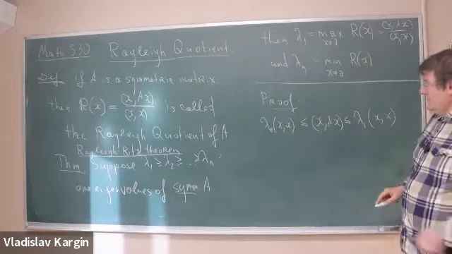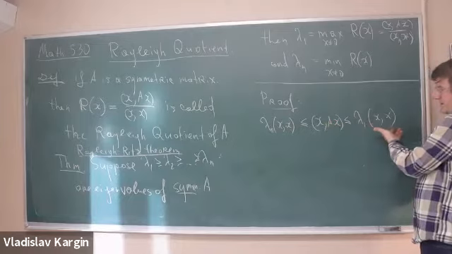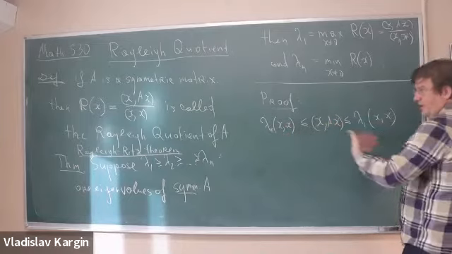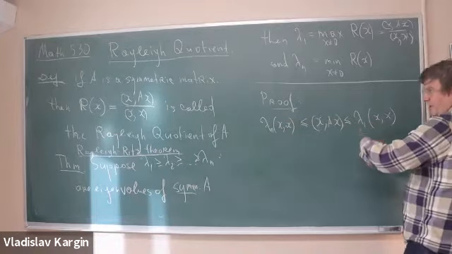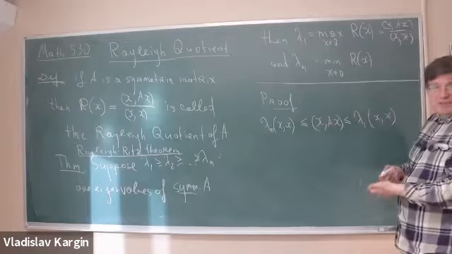So the ratio of x transpose A x to x transpose x is between lambda n and lambda 1. It cannot be larger than lambda 1 and cannot be smaller than lambda n.